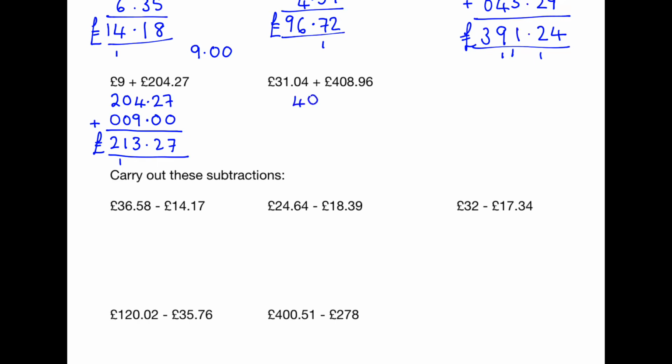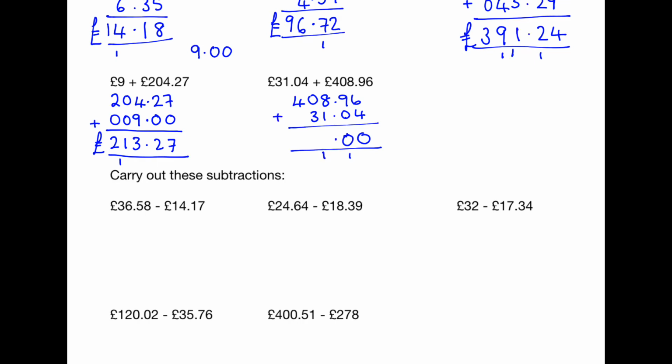Okay, and then the last one, we'll just quickly whiz through this. Again, I'm going to put the bigger number at the top, £408.96, add 31.04. We know how to set these out now. And the more eagle-eyed among you will have spotted that 96 pence and 4 pence are going to make a whole pound there. So 6 add 4 is 10. 9 add 0 add 1 is 10.